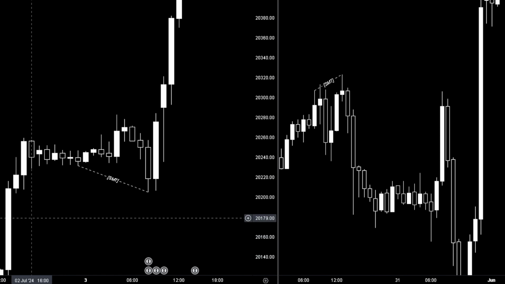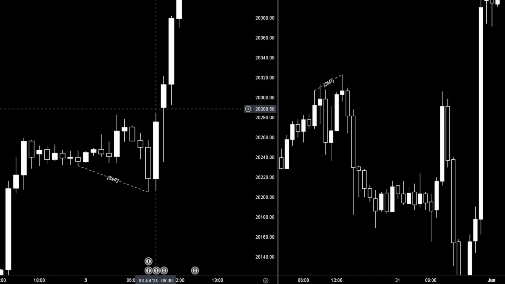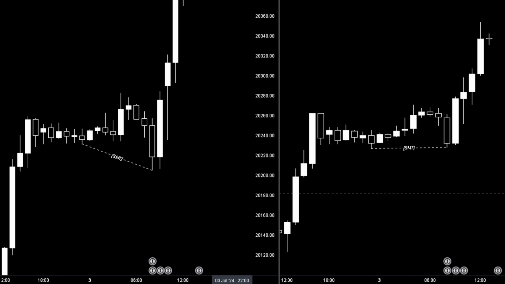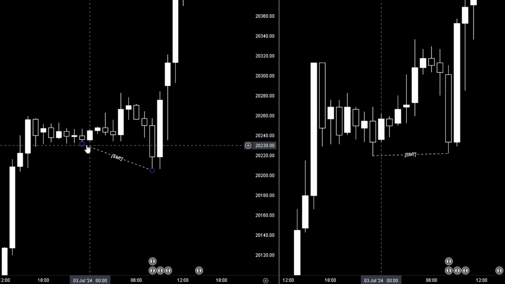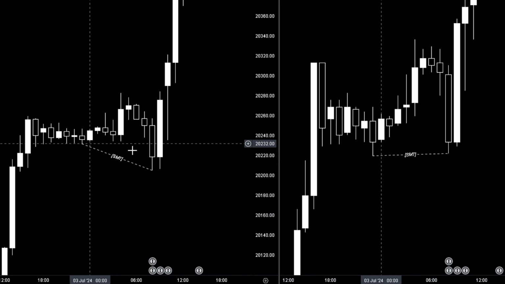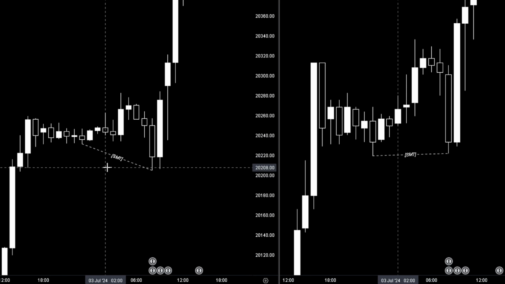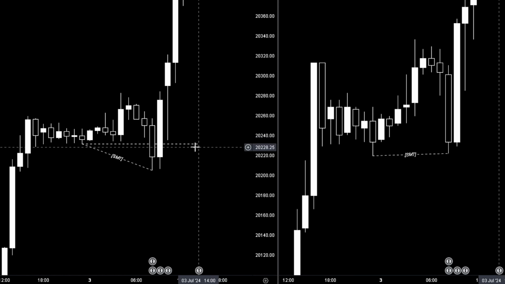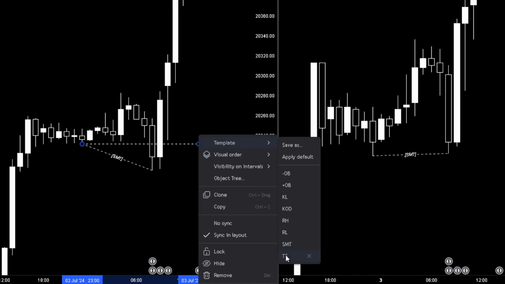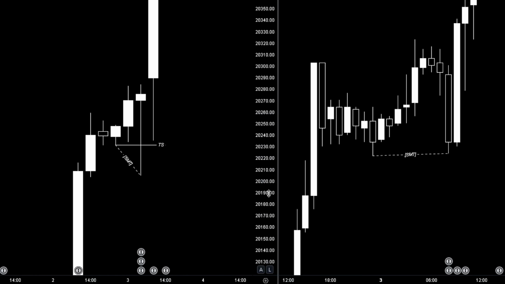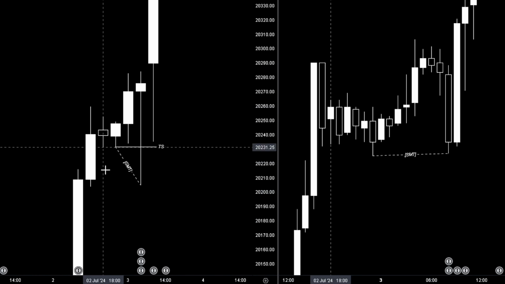All right, so we have this example right here, and this is literally this morning's price action. And as you can see, on NQ, we took this low, but on ES, we didn't. So this was our SMT right here, and we also had turtle soup. So boom, this was the turtle soup, and we tapped inside of a key level, which is a 4-hour higher time frame key level right here.